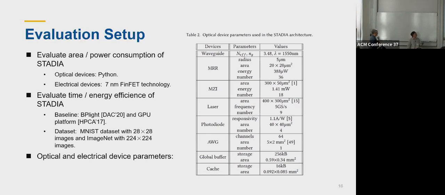Our experimental setup involved building the entire chain using Python, with the parameters of the electrical devices from 7 nanometer FinFET tools, and we broke down every optical device's energy and time, and the entire system consumption can be obtained from each device and all processing in the DNN training.